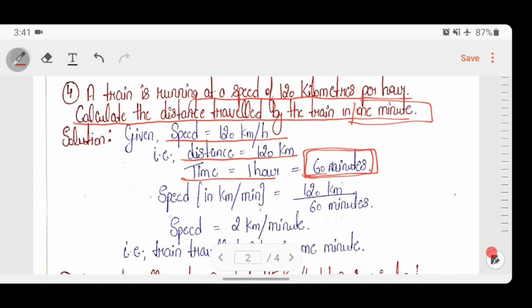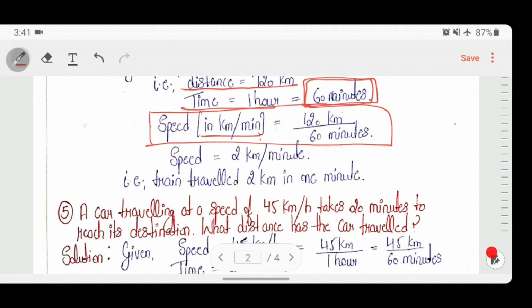Again we have the formula of speed, which is speed is equal to distance upon time. The speed we are going to find here is in kilometer per minute, because we have distance in kilometers and time in minutes. So let's solve the numerical. We got 120 upon 60.